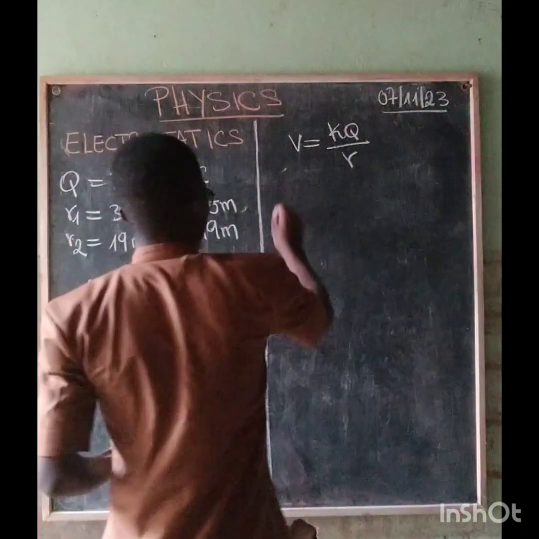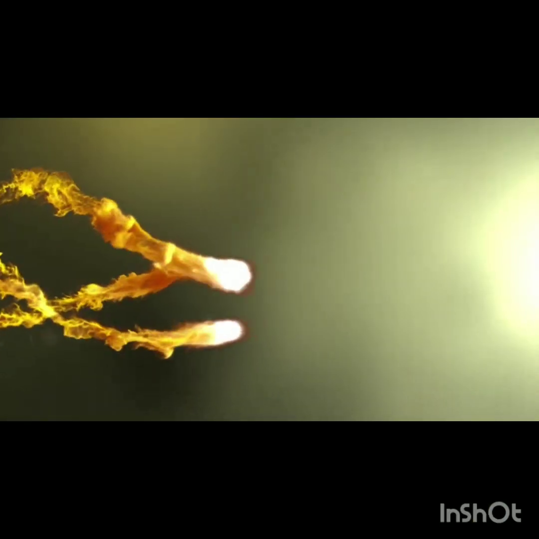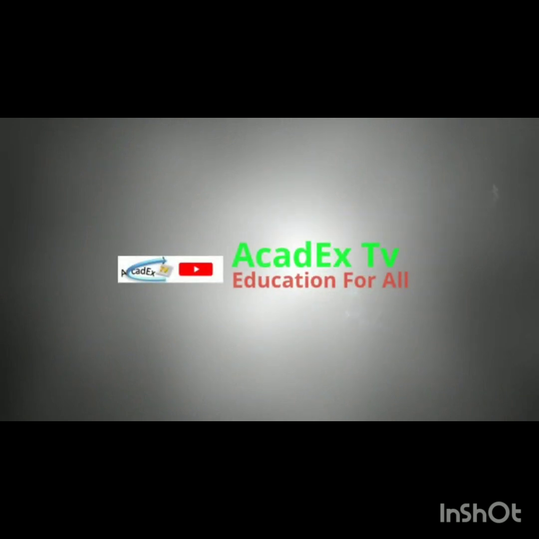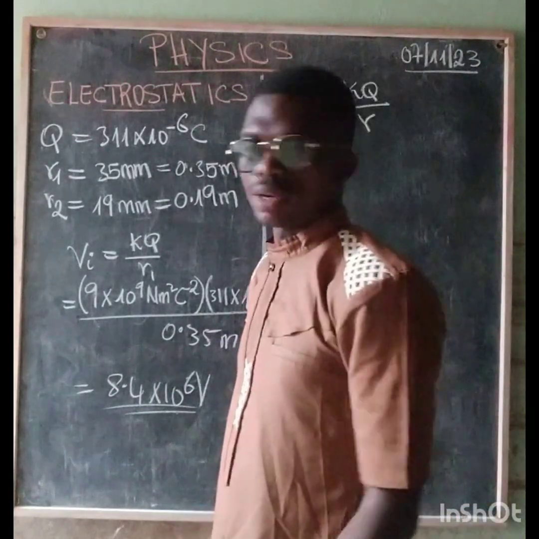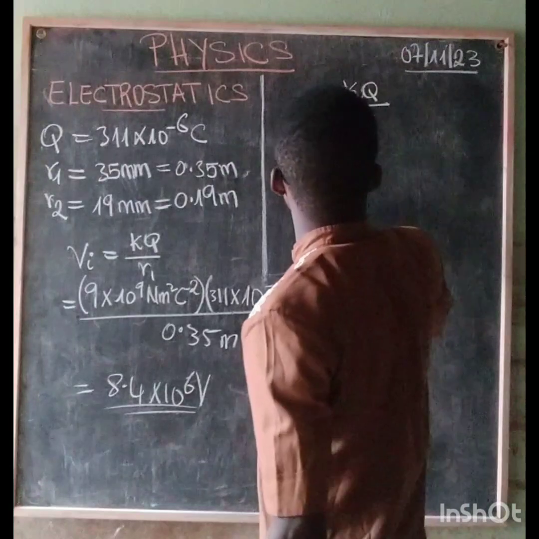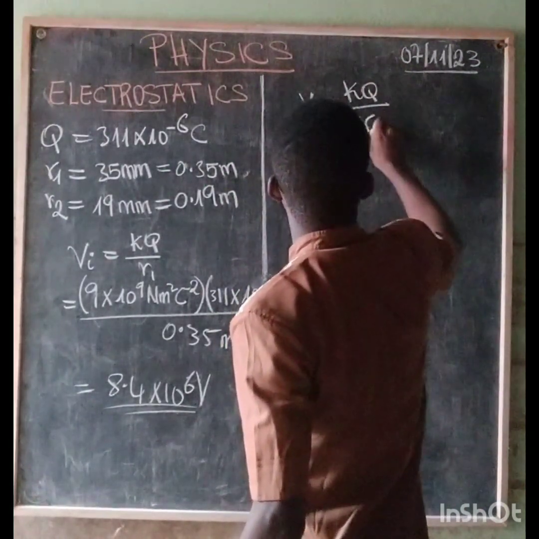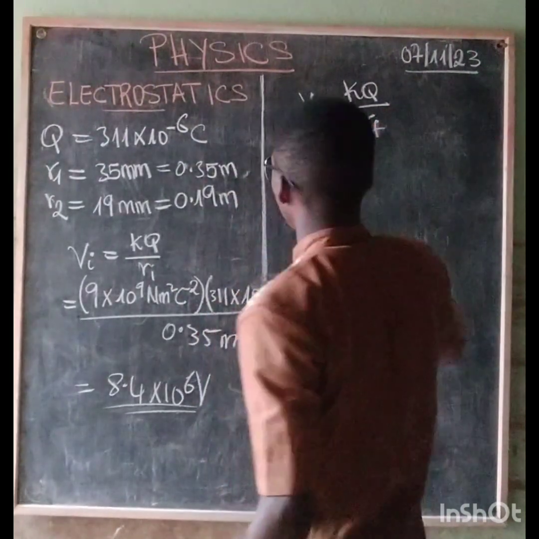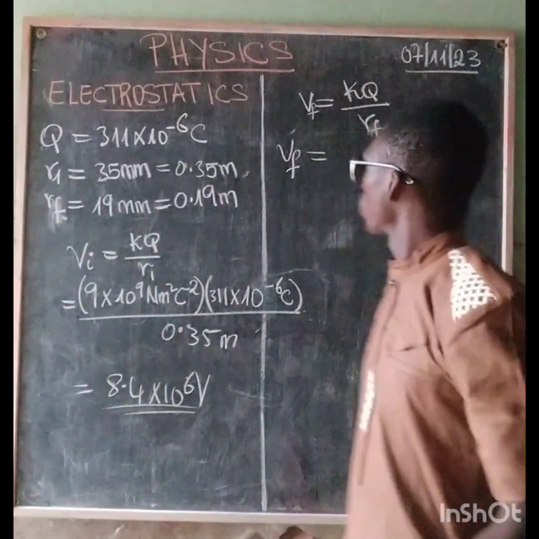Then now we are going to calculate the final electric potential. The final electric potential Vf is going to be given by KQ on R2, that is Rf.